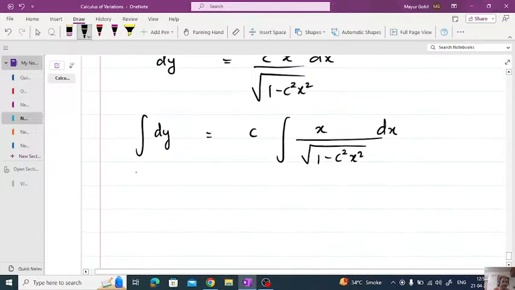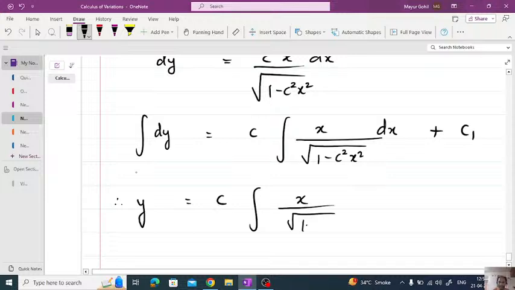Right? So if we say on the RHS, here there will be some constant C1. So here you will have y equal to c times integral x over square root of 1 minus c square x square dx. So how do you integrate this?